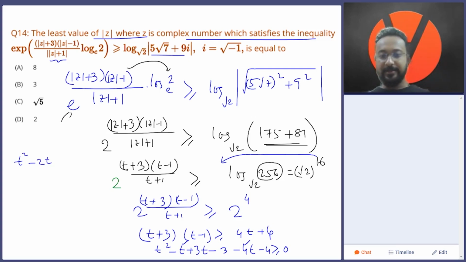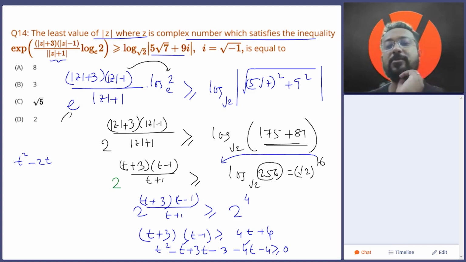And then I think we got something, any mistake happened or what? Okay, let's check. T square minus 2t is coming. No, t square minus 2t. Okay, that's where the mistake is. Is it correct or no? 4t plus 4 is correct only, no?